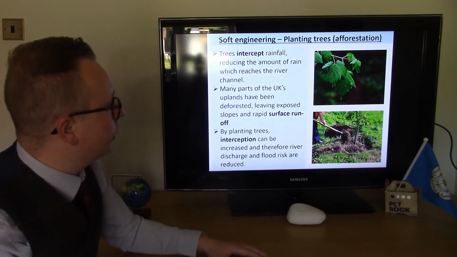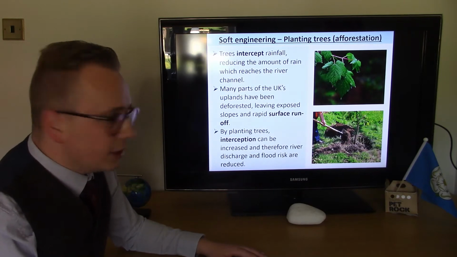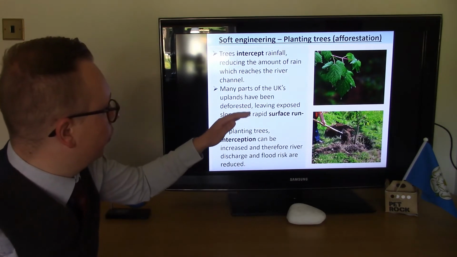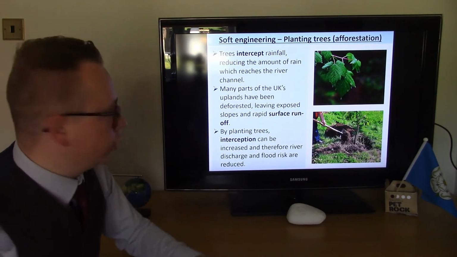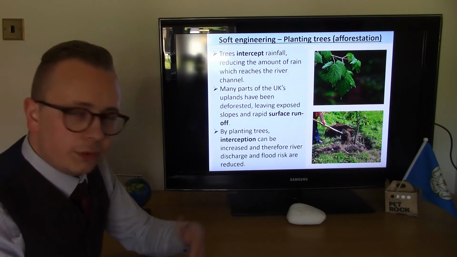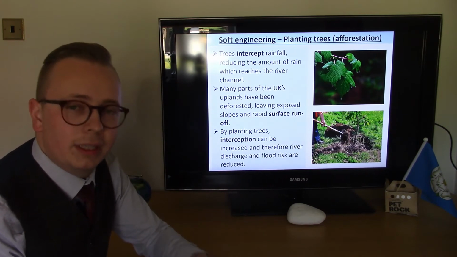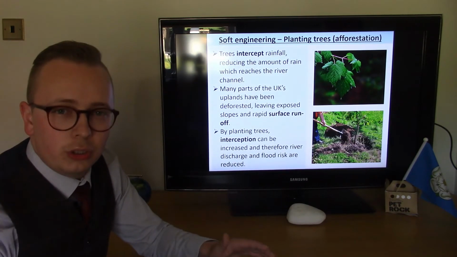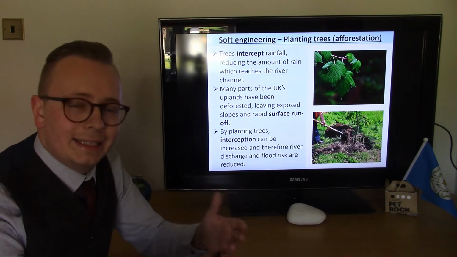So here's our first one, planting trees, or afforestation. Trees are brilliant at catching rainfall, they intercept rainfall, which reduces the amount of water which reaches our river channel and therefore reduces flood risk. But over the last few thousand years, many parts of the UK's uplands have been heavily deforested, and now many of them have either bare slopes or very low growing vegetation, which doesn't do as much to intercept the rainfall.